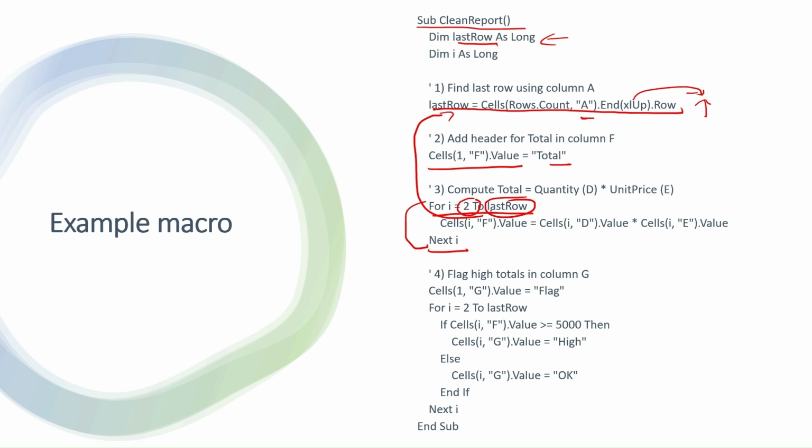That step is the content of the For loop. And then this, what I've just underlined here, Cells(i, 6).Value = Cells(i, 4).Value * Cells(i, 5).Value, means that on row i you compute the total.